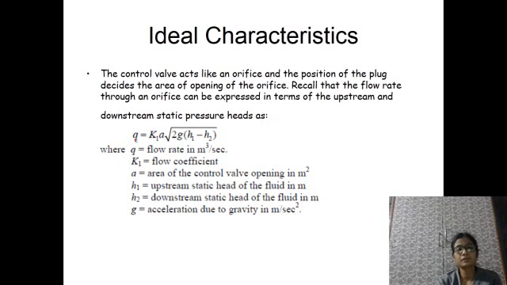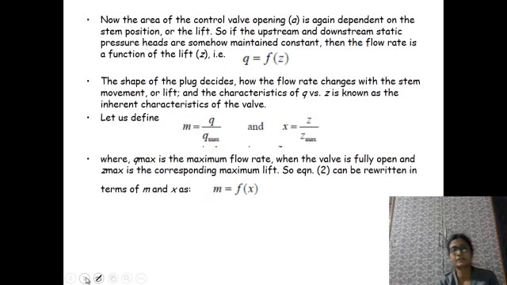So the flow rate Q is proportional to the pressure head difference. So this is K1, the flow coefficient, A is the area of control valve opening, and these are the static pressure heads of upstream and downstream, so the difference of these two. This is from Bernoulli's principle, the ideal characteristics.